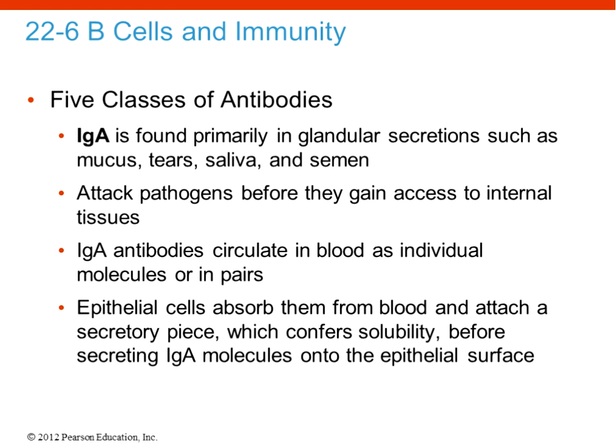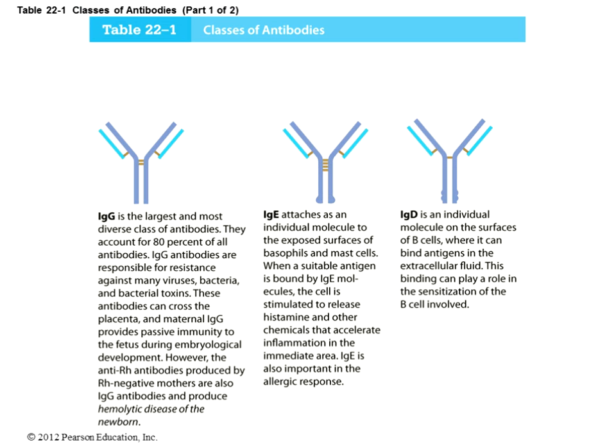And then IgA is a very simple class of antibody that is found in mucus and tears and saliva, and it attacks pathogens before they get to our internal tissues, right? So it's almost like a superficial defense. These IgA antibodies circulate through and provide a nice layer of protection as well.